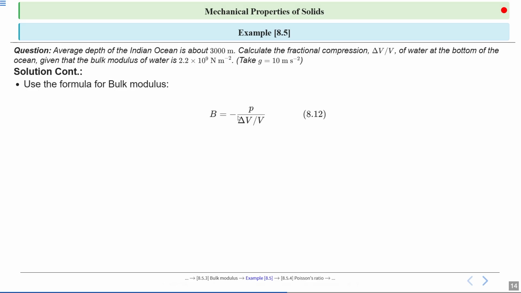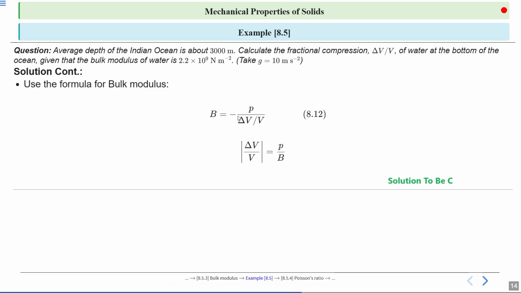The negative sign shows that an increase in pressure causes a decrease in volume. So rearrange the formula to solve for the fractional compression, which is delta V over V. So the absolute value of delta V over V equals P divided by B.